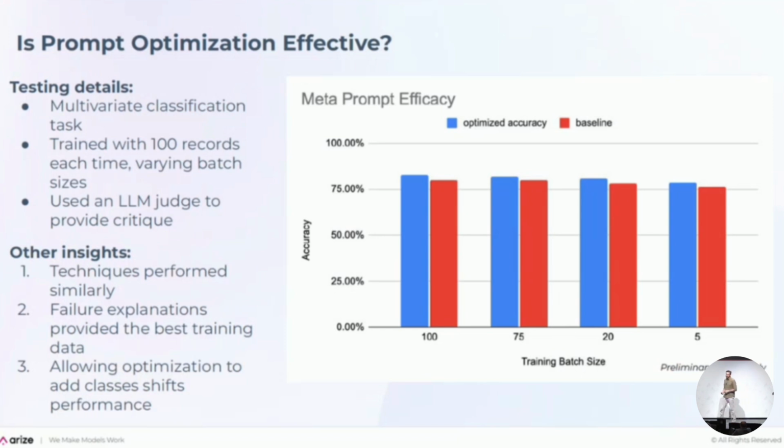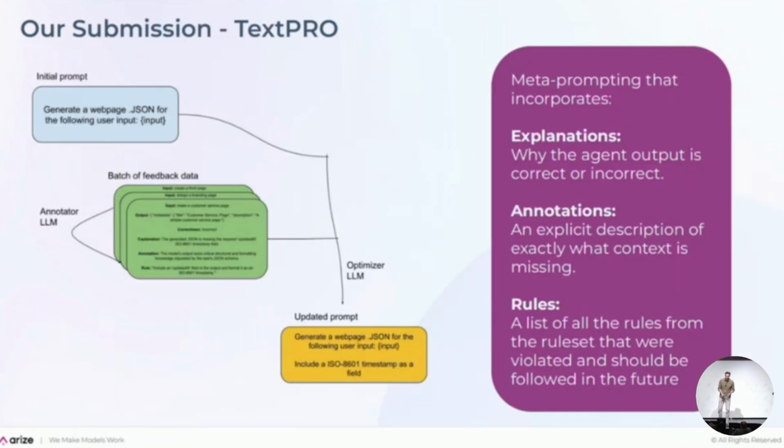Then we figured out we needed a harder task, something that was harder for models to do out of the box, to see if the prompt optimization techniques would actually make a big shift. So the next thing we did was build out our own technique for prompt optimization. We call it TextPro. It's essentially just meta prompting, but we add some extra variables into that, which I'll get into in a second. To break it down, we tried a more difficult example where we had a prompt that has to take in a user input and turn that into a website.